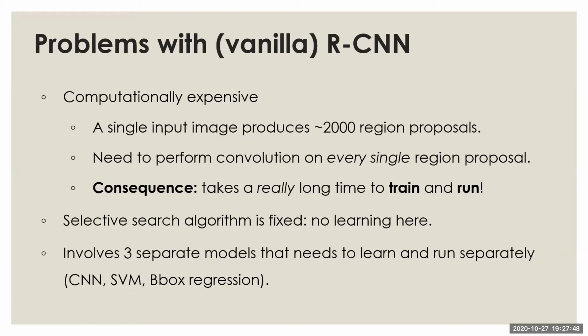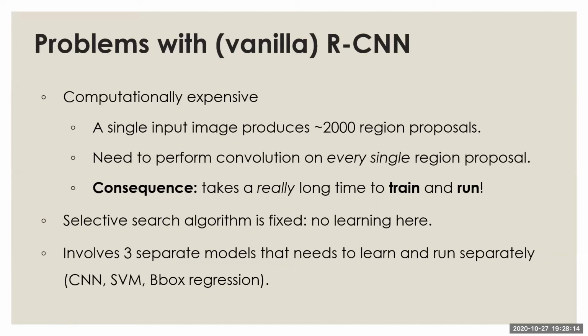Okay, and then the next disadvantage that RCNN has is that it uses the selective search algorithm. It's actually a fixed algorithm, so there's no learning happening here. So there's a chance that this algorithm doesn't really perform well in selecting region proposals, which is actually crucial for this object detection algorithm. And then selective search itself is actually quite slow, as we see later.